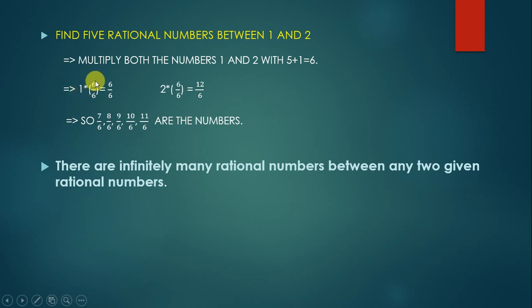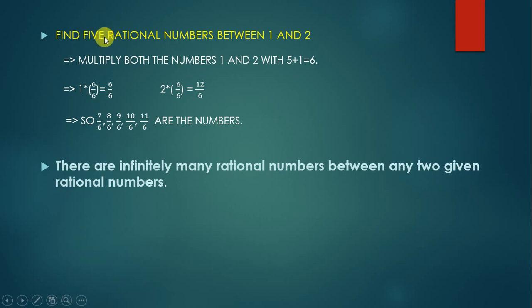So 1 into 6 by 6, because we are taking a rational number, that's why we are taking it as a fraction with a denominator. Okay. 1 into 6 by 6 and 2 into 6 by 6. You don't need to take 6. You can take 7, 8 in number. But the only thing is it must be greater than the defined number. Okay.